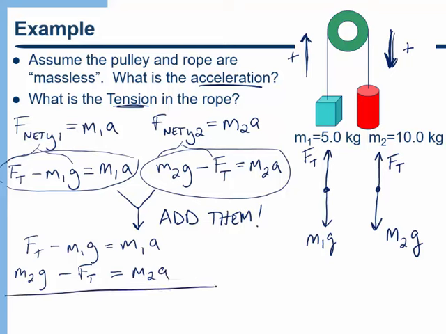When I add the left-hand side, the tensions go away. So I get m2g minus m1g, and that's equal to m1a plus m2a.